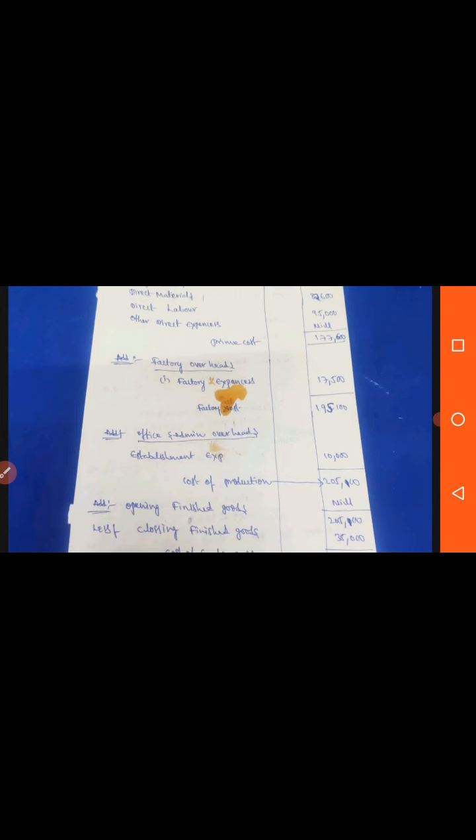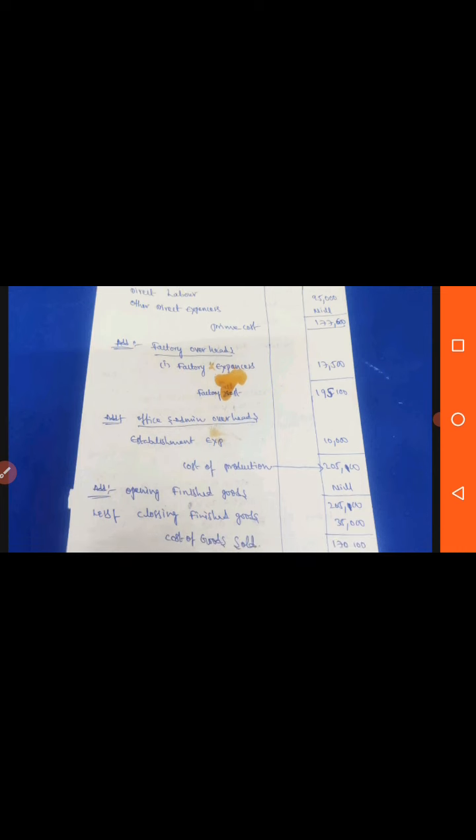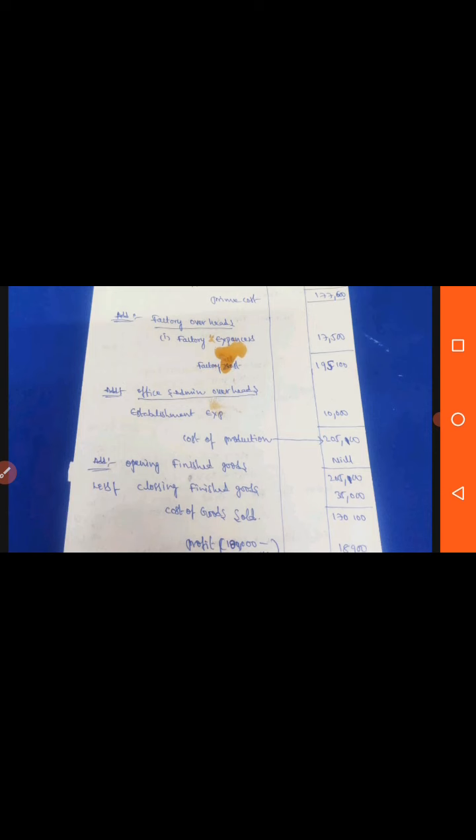Next item is office and administration overheads. Here we have establishment expenses in this category, equals 10,000. So factory cost 1,95,100 plus establishment expenses 10,000, total equals 2,05,100. This is called cost of production. Next, add opening finished goods.